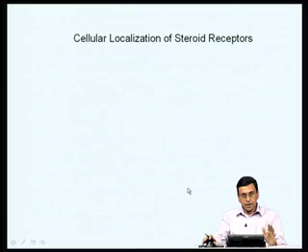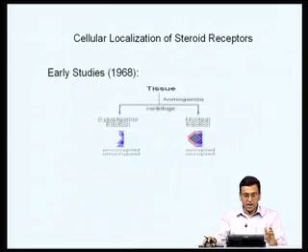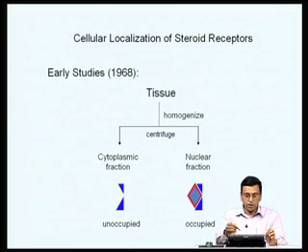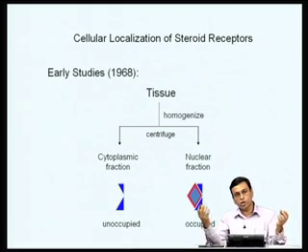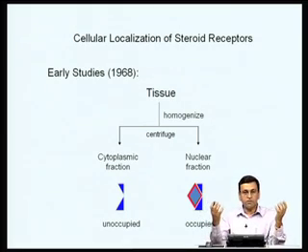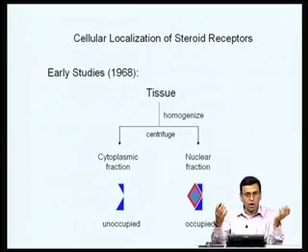Now, as I said, biochemistry played a major role in understanding the structure and function of steroid hormone receptors. For example, in 1968 some of the studies involved taking a tissue, homogenizing the tissue, and then doing a differential centrifugation by which you can separate nuclei and cytoplasm. Then they took these different fractions and looked for where the protein able to bind to the steroid hormone is present.